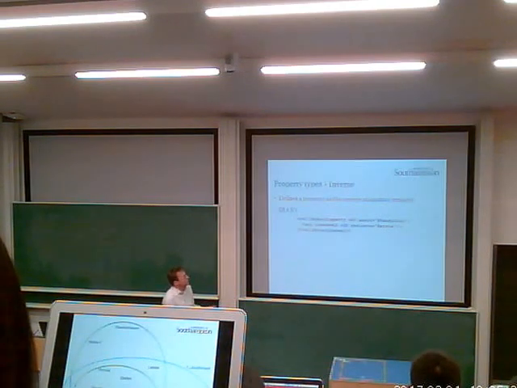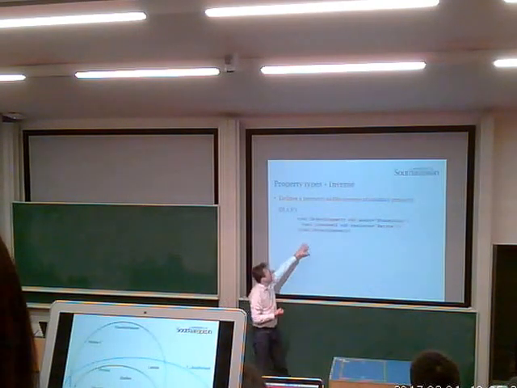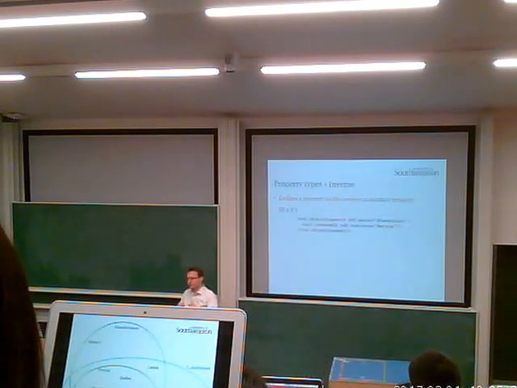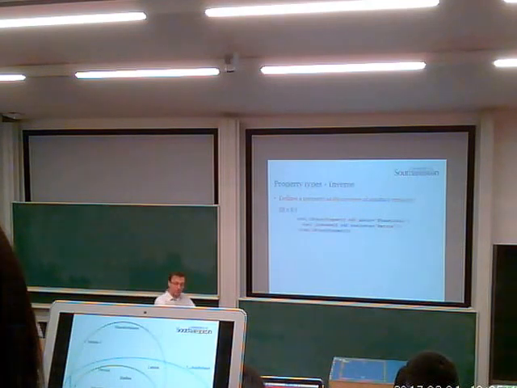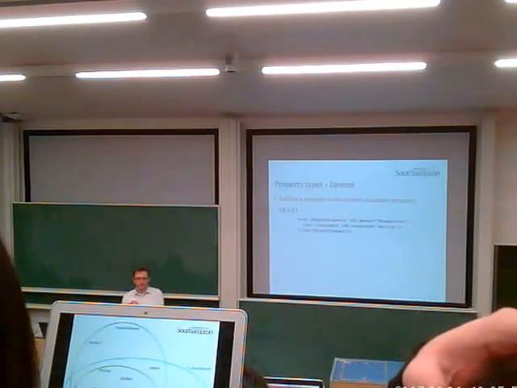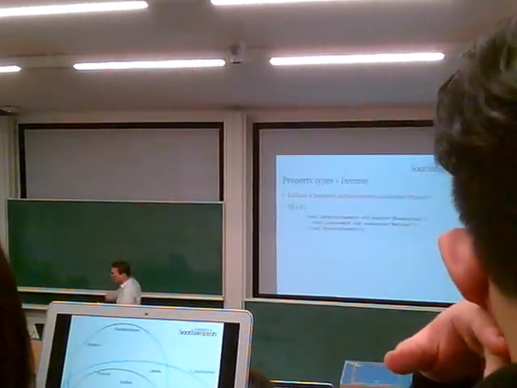So this is a typical example of one property being the inverse of another property. If I tell the reasoner I wrote this book, for example my PhD thesis, then this book has me as an author. That's automatically implied. And the other way around.